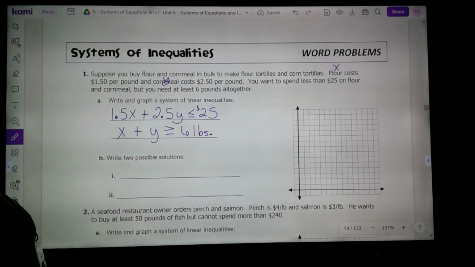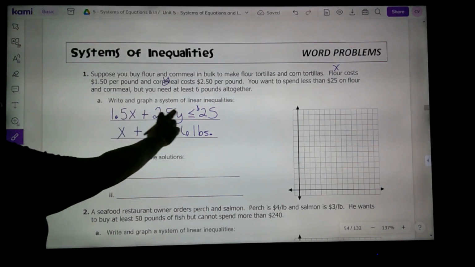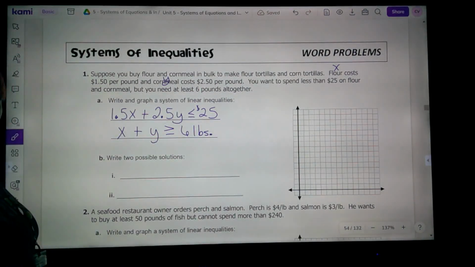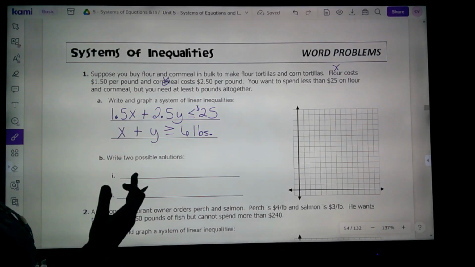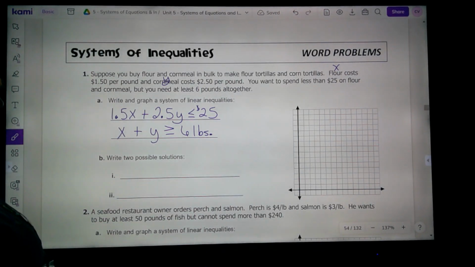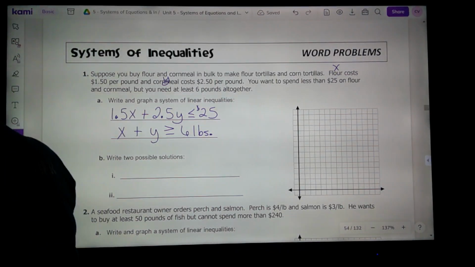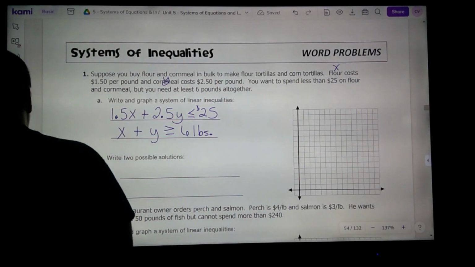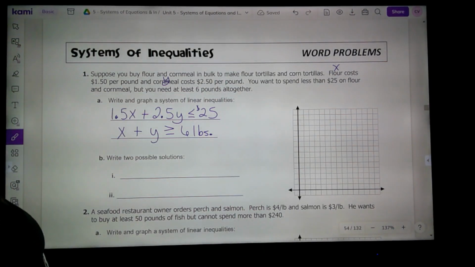So let's graph it and see what it looks like. To graph this, the easiest way is going to be to convert it, in my opinion. You could also use your x and y intercepts, but it might go above the graph. Let's just convert it and see what happens.